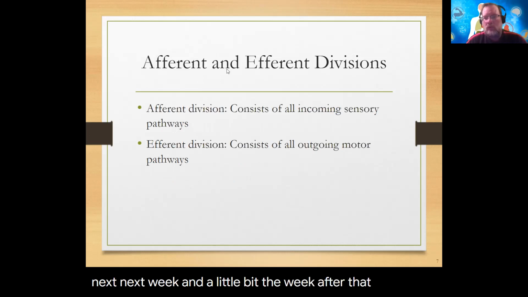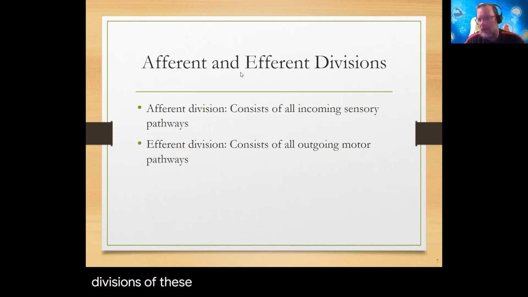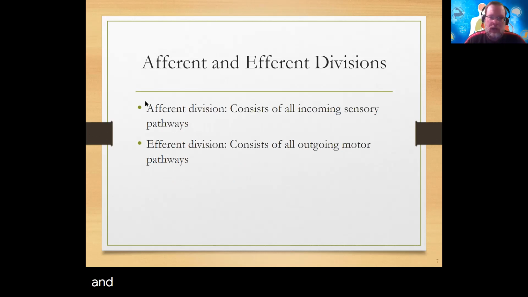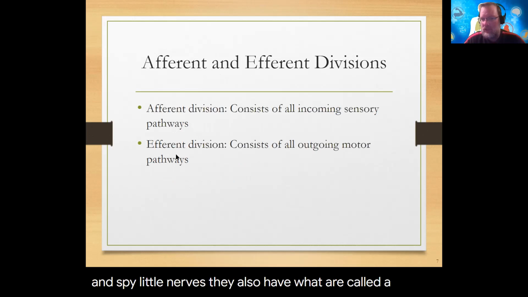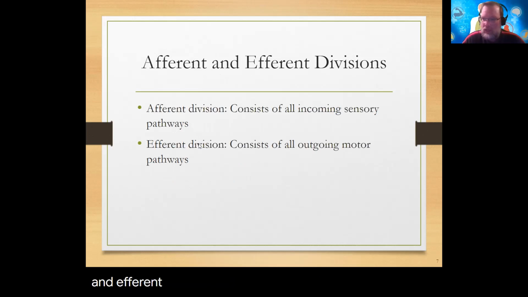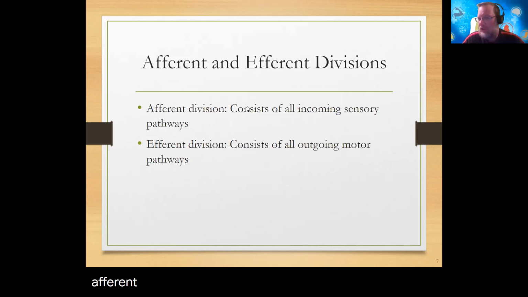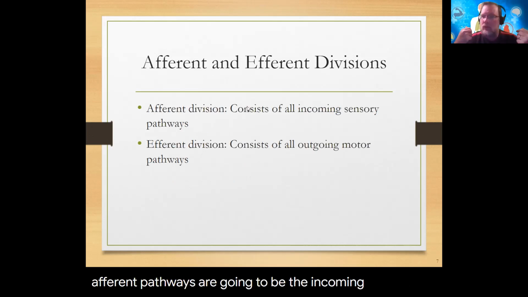The divisions of this peripheral nervous system. We can divide the peripheral nervous system, these cranial and spinal nerves. They also have what are called afferent and efferent pathways, or afferent and efferent divisions. Afferent pathways are going to be the incoming sensory pathways.